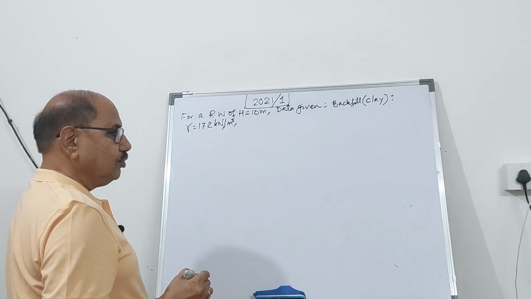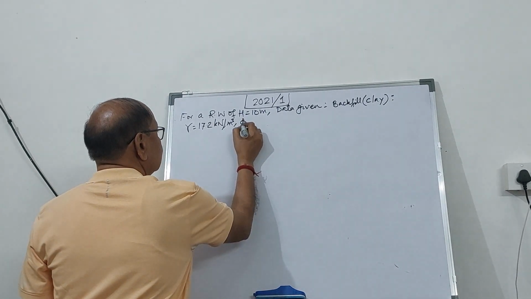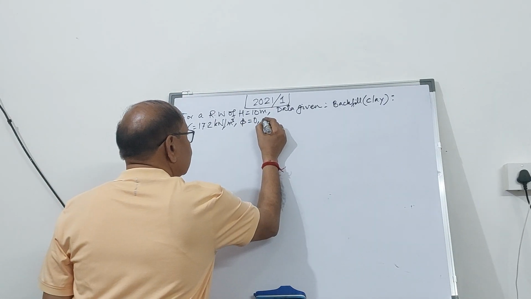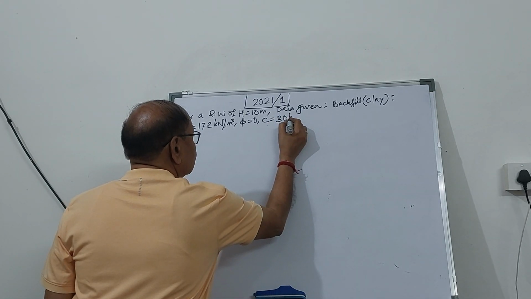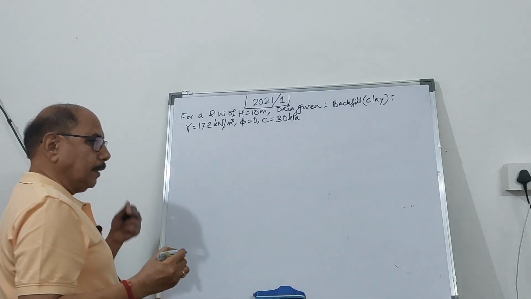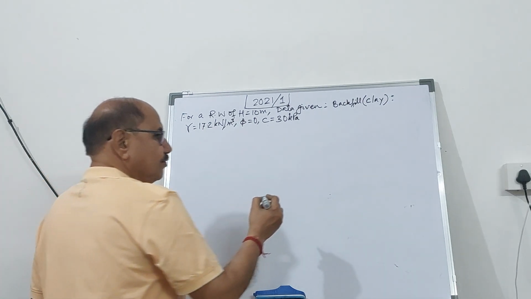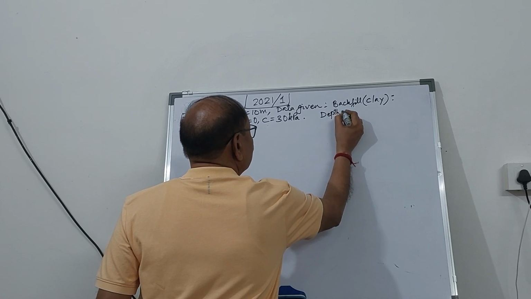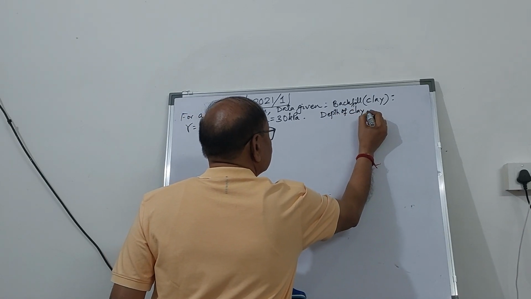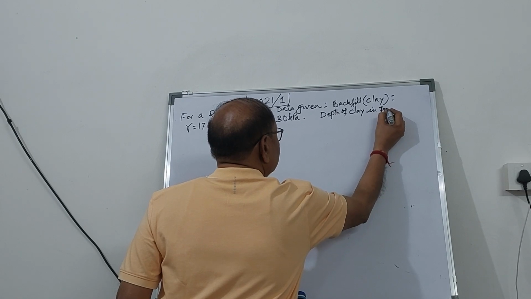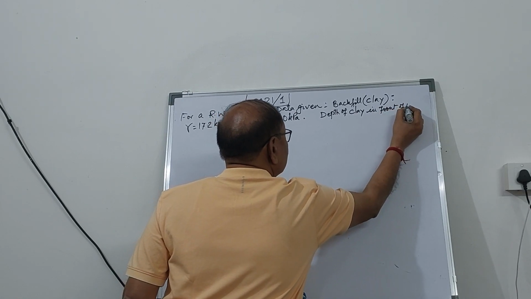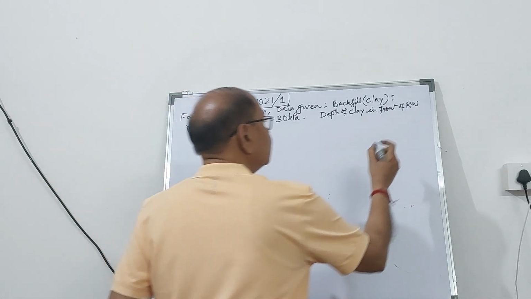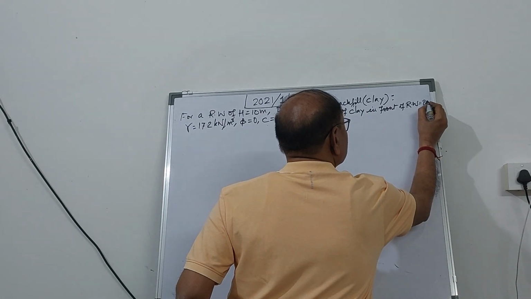Then they have given you the value of phi is 0 and C is 30 kilopascal. The depth of clay in front of retaining wall is given as 2 meter.